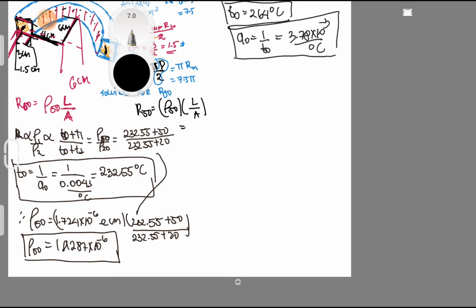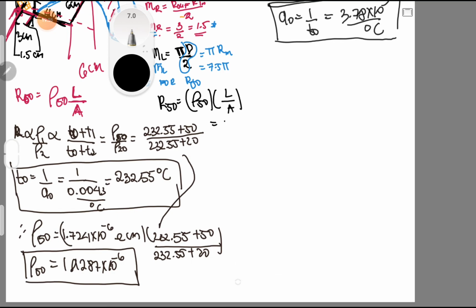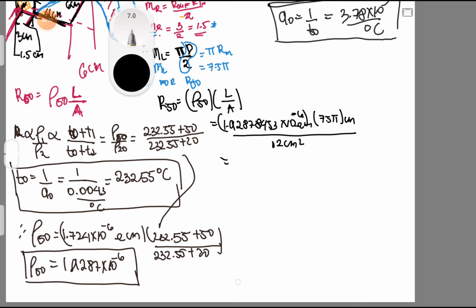So guys, pag gusto niyo mga magandang sagot, i-store niyo na lang. So 1.92878453 times 10 raised to negative 6 multiplied by our length, which is equal to 7.5 pi centimeter. This is ohm centimeter divided by 12 centimeter square. So you'll have a value of alpha b multiplied by 7.5 pi all over 12.